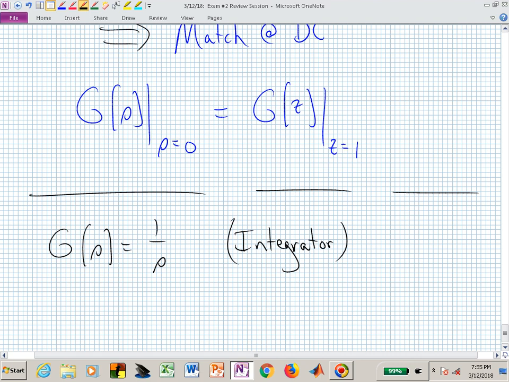Our integrator is linear, but if I put in 2 to an integrator, and I just kept integrating 2, what happens? I get 2t, don't I? What happens as t goes to infinity? Is it bounded? No. So I can put in a bounded input and get an unbounded output for this integrator.